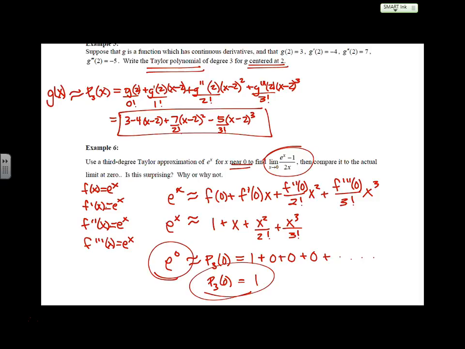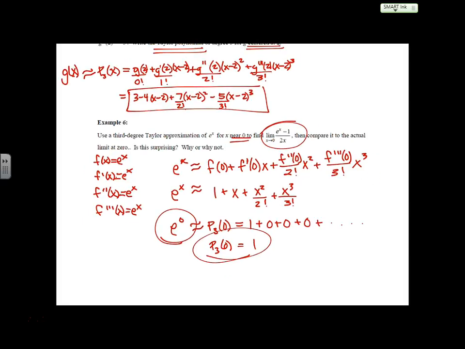Why do they say use it near 0 in order to plug in? E to the 0 is 1, 1 minus 1 is 0, 0 over 0. What happens? We have to plug it in, but technically, instead of plugging in 0.1 to e to the x, we could plug 0.1 into the Taylor polynomial and approximate without the methods that we use with limits.